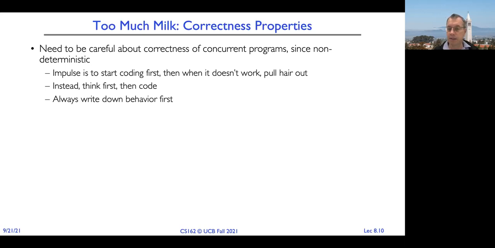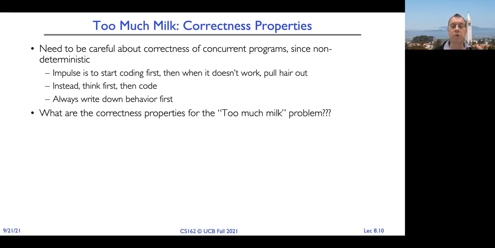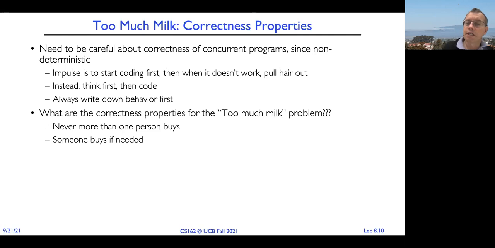And again, the way to think about it is to write down what you want to happen, right? And what do you want to happen here, or what are the correctness properties? So you want no more than one person buying milk at a time, right? If two people buy milk at a time, you end up with 2 bottles of milk. At the same time, if there is no milk, there must be someone buying the milk.